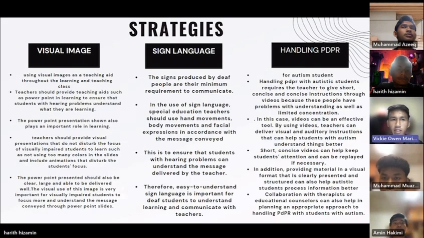Okay, the third strategy is visual image. This is for using visual images as a teaching aid throughout the learning and teaching class. Teachers should provide teaching aids such as PowerPoint in learning to ensure that students with hearing problems understand what they are learning. The PowerPoint presentation shown also plays an important role in learning.